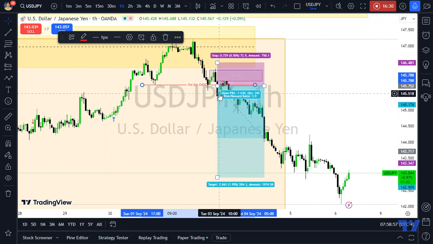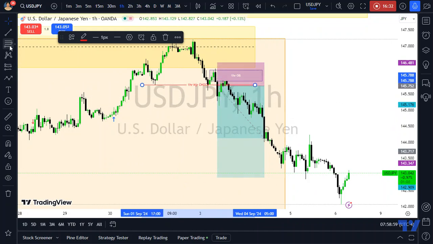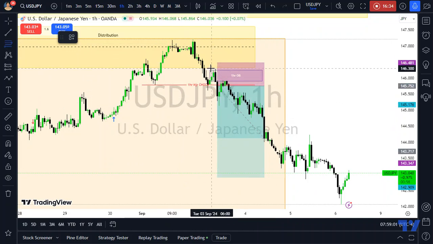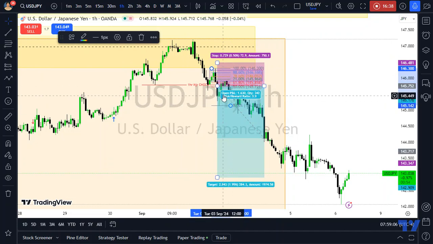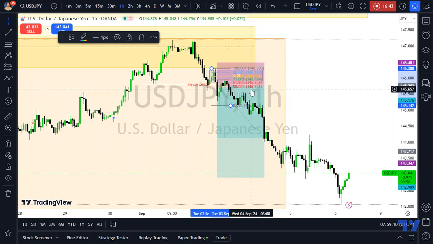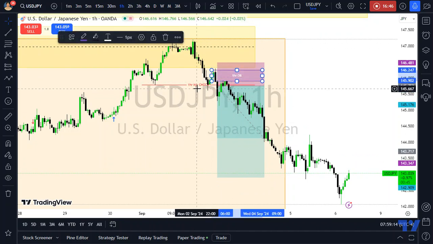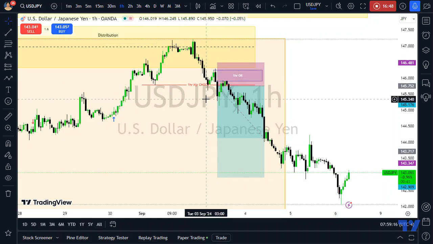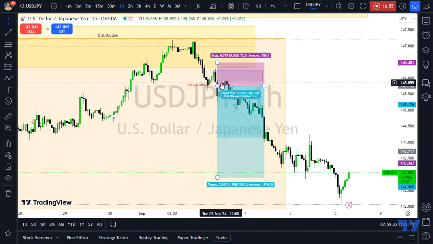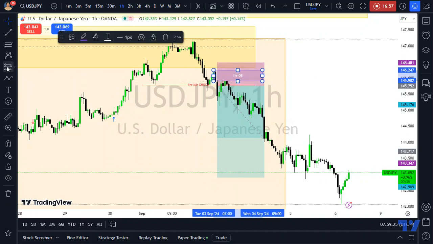So once price changed character right there, I had this new range, which was this small range right here, and I also saw price created this 1 hour order block right there, and that is where I was supposed to get in, but I did not set a limit order right there.